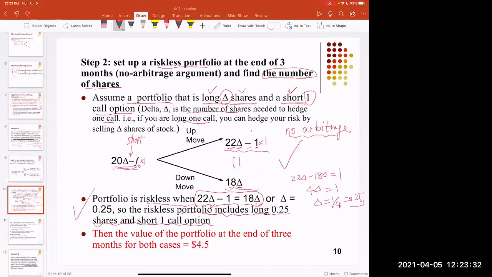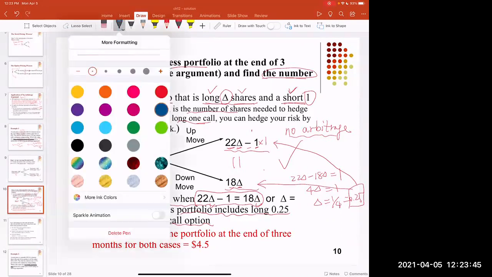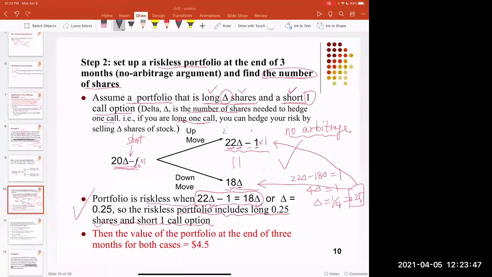Once you get the delta equal 0.25, we can plug this number into the value of the portfolio when stock price goes up and going down. So 22 times 0.25 minus 1. Can you tell me what's the value of the portfolio? 4.5.